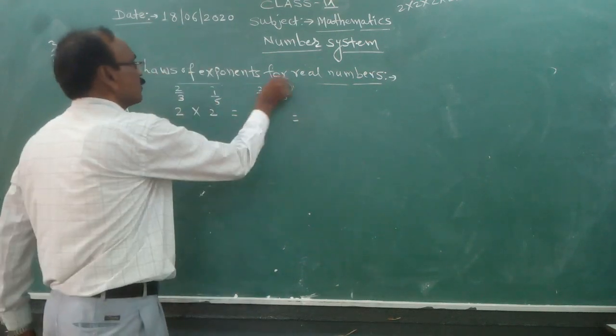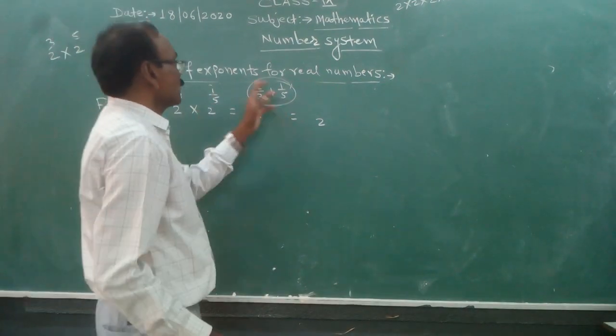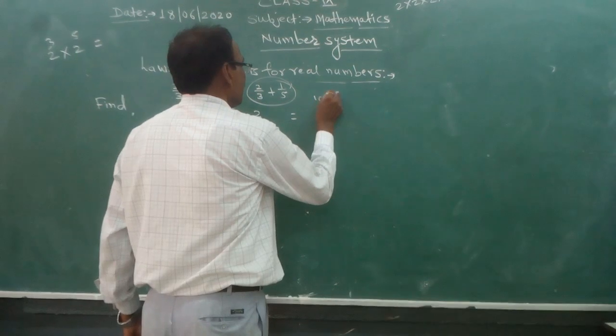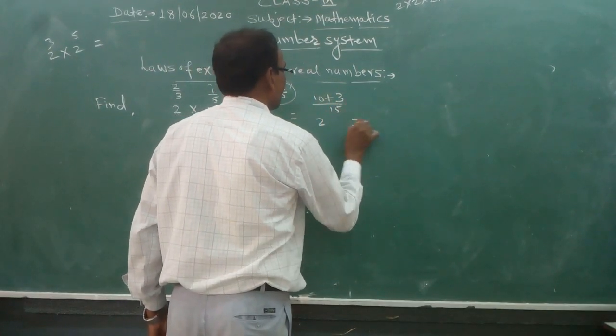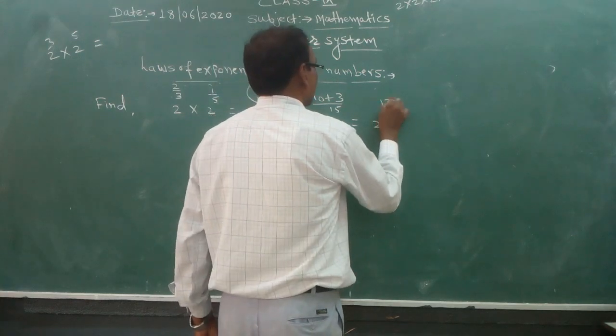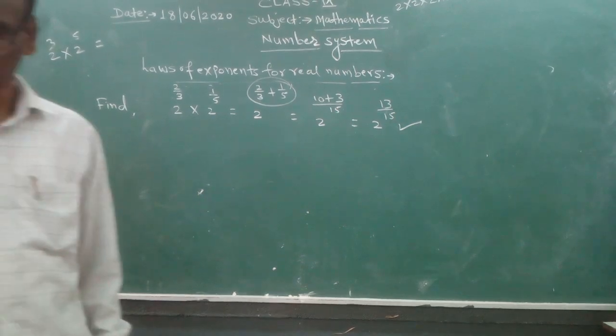So you take the addition of this. What is the addition? 2 raised to the power, you take cross multiplication. यहाँ पर 10 plus 3 upon 15. 2 raised to the power 13 by 15. This is the answer. Okay.